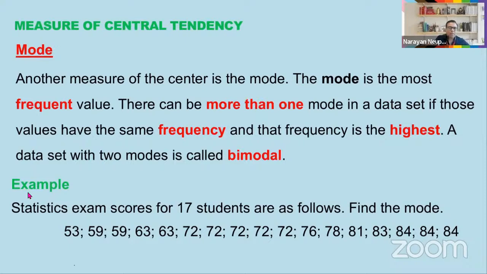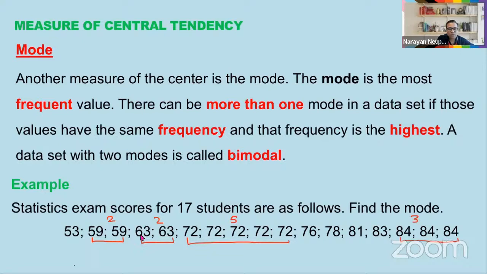Here I have an example where we have to find the mode. Statistics exam scores for 17 students are as follows. We have to look for the repetition here. If you look carefully, you can see that 59 is repeating twice. 63, twice. 72, 5 times. Is there any other repetition? 84, right? 3 times.